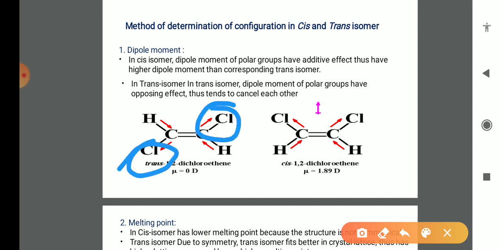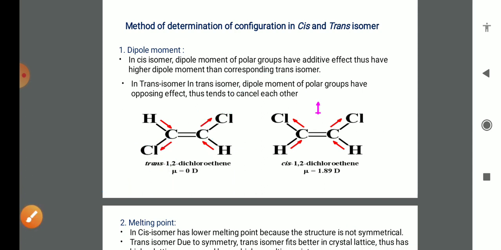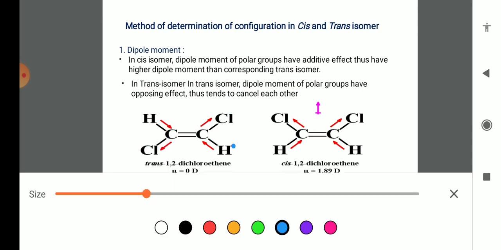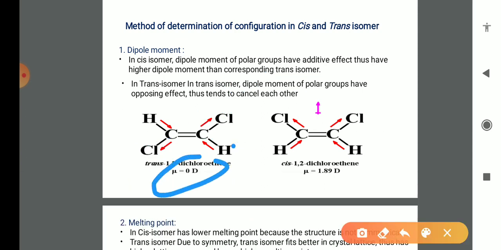Both are electronegative atoms and pull electrons from each carbon. Then these dipole moments are equally distributed and cancel each other, so the dipole moment will be zero.